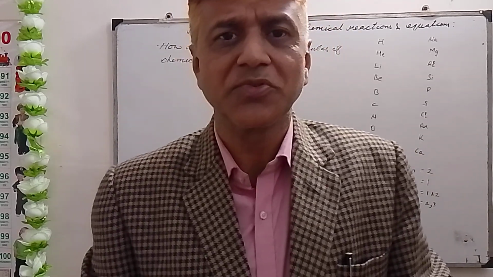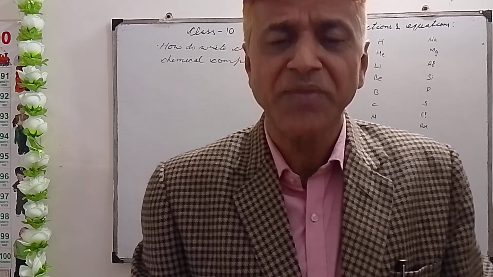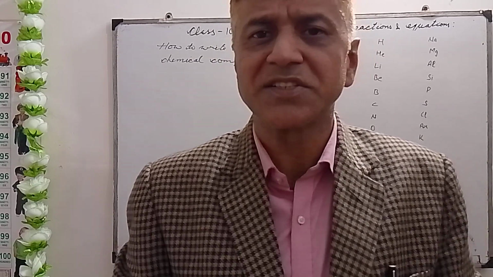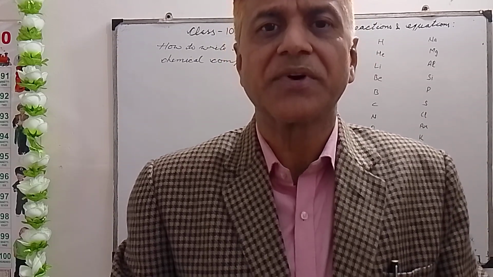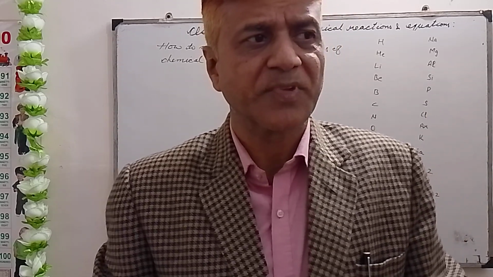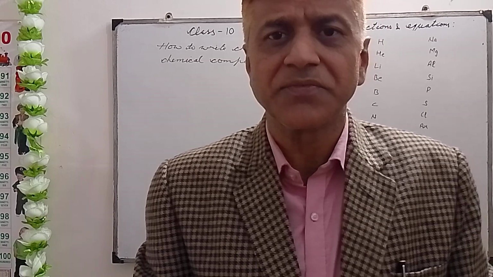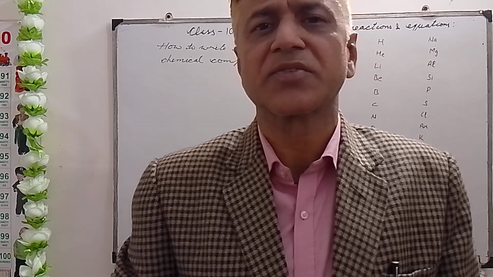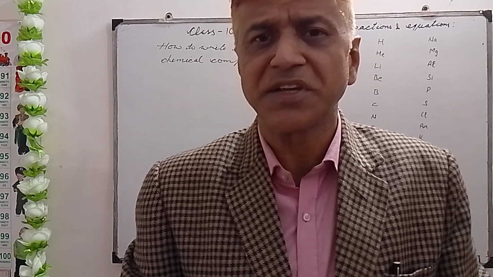The rule to accommodate the maximum number of electrons in a particular energy shell is given by 2n square.